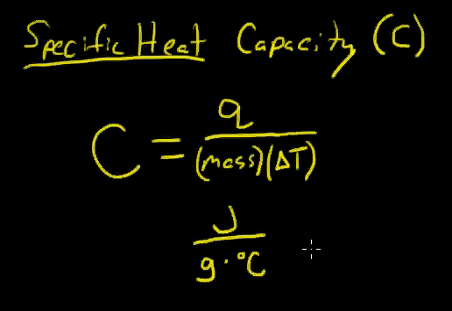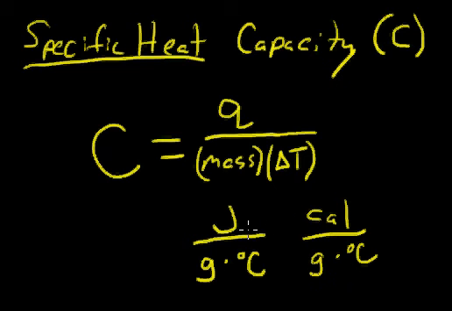Or you also could use Kelvin, because when you find the change in temperature, Kelvin and degrees Celsius are identical. So we have two different units that we can use. We have joules per gram degree Celsius or calories per gram degree Celsius.